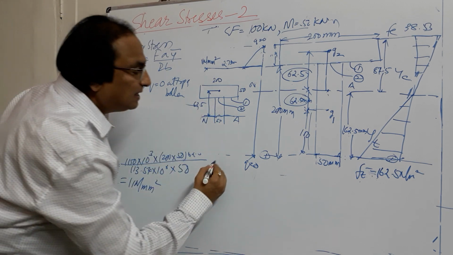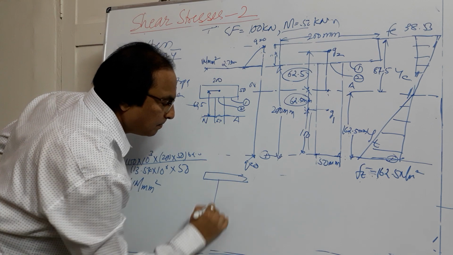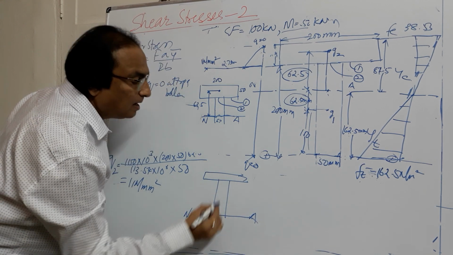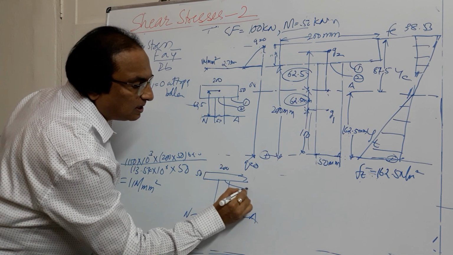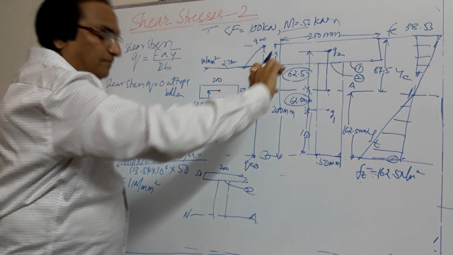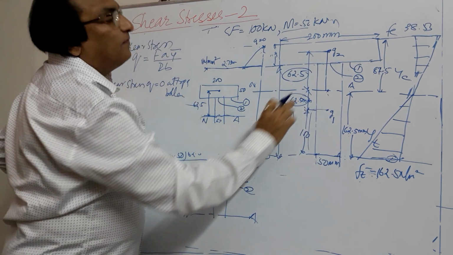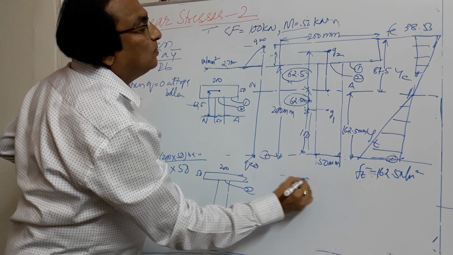Suppose you magnify that, this is the neutral axis. Here this is 200 by 50. We have found out level 2. Now the extra thing is this part. What will be the part left out now? This will be 62.5 minus 25.